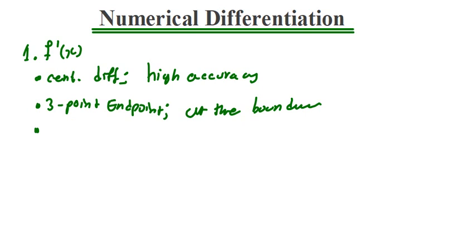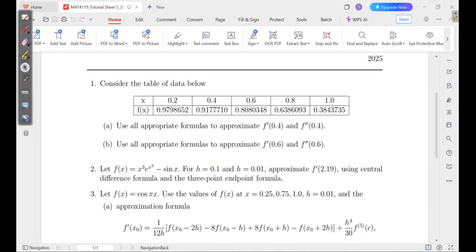What about the 5-point midpoint, more like a central difference? We use it for high accuracy, but the condition on this one is that you have to have a lot of data available. What do I mean? There are times you write your formula, you try to perform some evaluation, you try to break things down, and if you end up with something like f of 0.2, what you substitute with is this value right here.